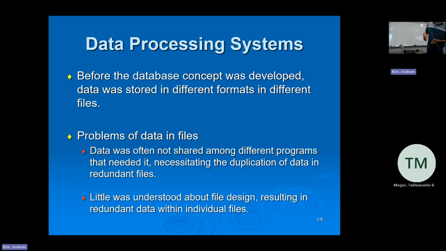So one of the problems of data in files is that the data was often shared among different programs that needed it, but with duplication of the data, like the financial department, the registrar, and academic affairs. They should have the student data: name, address, GPA, major ID, and so on.